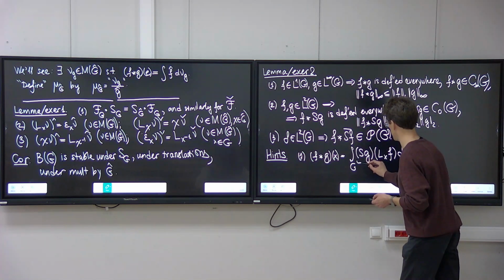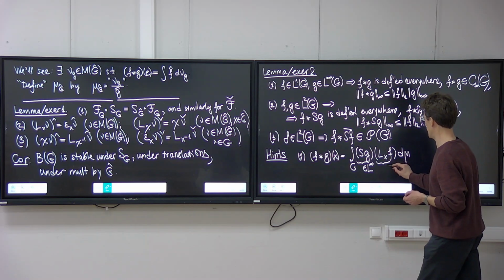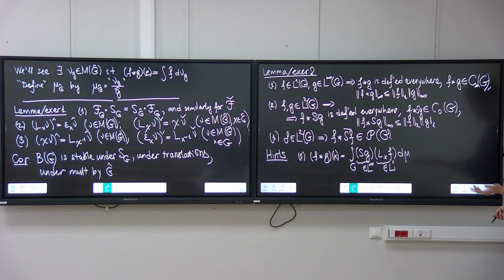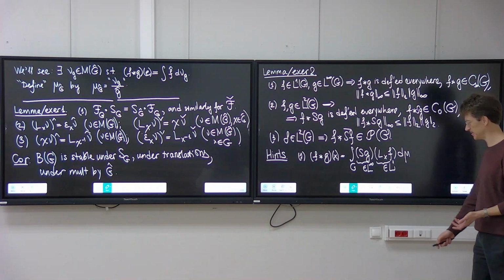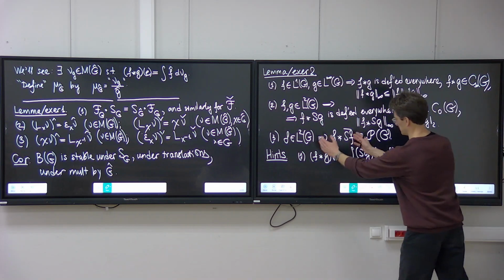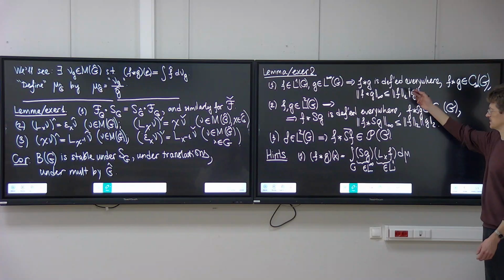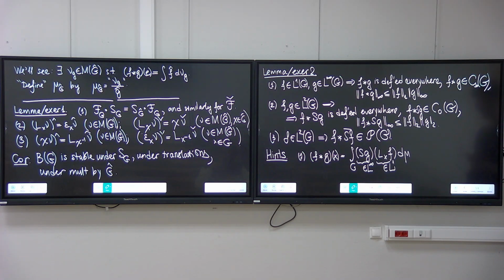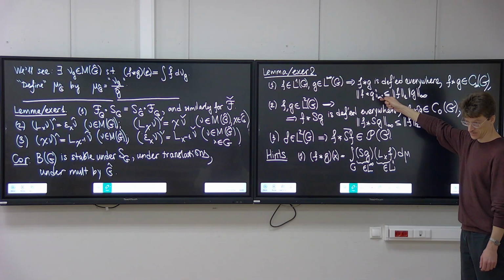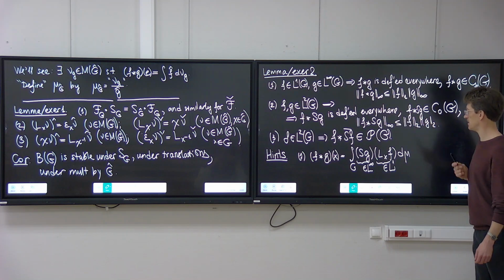So this function sits in L infinity because g is in L infinity. This one sits in L1, and so the integral exists because the product of a function in L infinity and in L1 is integrable. So this exists for all x, and moreover, if we try to estimate the absolute value of this integral, clearly it will be less than or equal to the right-hand side of this formula. So this equality implies that this function is defined everywhere, is bounded, and satisfies this property.